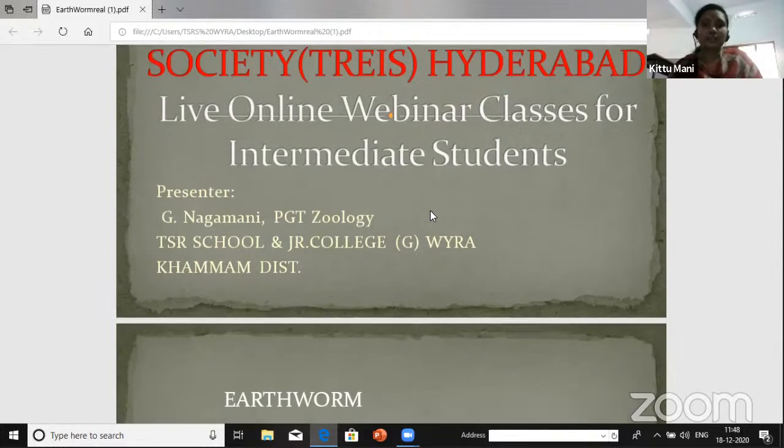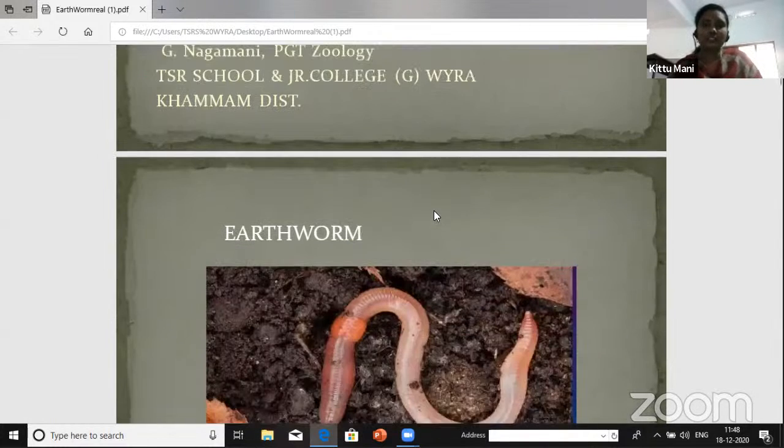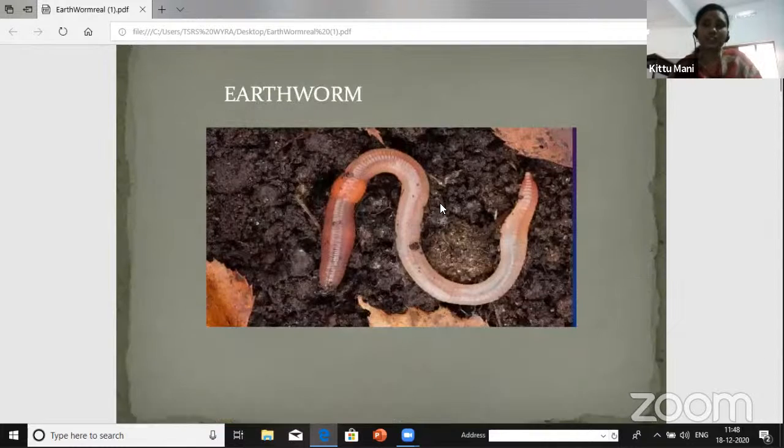After completion of the general characteristics and classification of the phylum Annelida, next we will enter into the type study of the earthworm. The earthworm also belongs to the phylum Annelida.